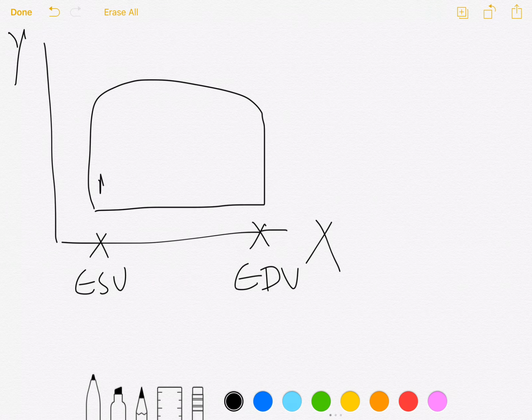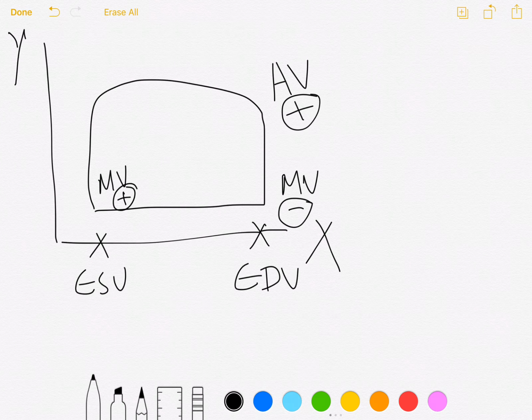At this point, it's the mitral valve opening, and here will be the mitral valve closing. Here is the aortic valve opening, and here is the aortic valve closing. So at this point, this is S1 and this will be S2.